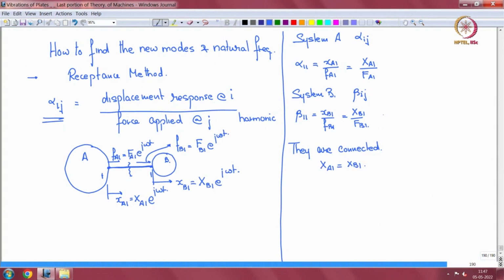Okay, so this is equal to what? X a1 by f b1. What is the other one? These are internal forces now, so fa1 must be equal to minus fb1. So this force here is now internal.